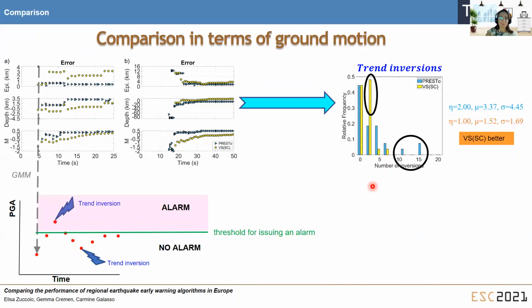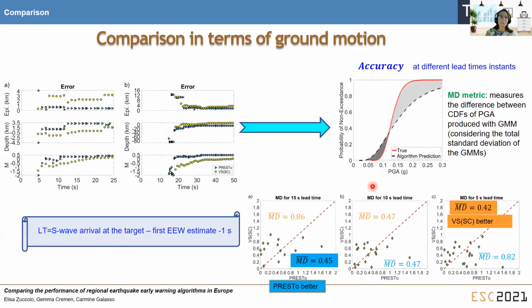The second comparison aimed at estimating the ground shaking prediction accuracy, which was quantified using a specifically designed metric that measured the difference between the cumulative distribution function of PDA produced when the bulletin source parameters are used in the ground motion model and the cumulative distribution function obtained for a given algorithm's source parameter estimates at a prescribed temporal instant.